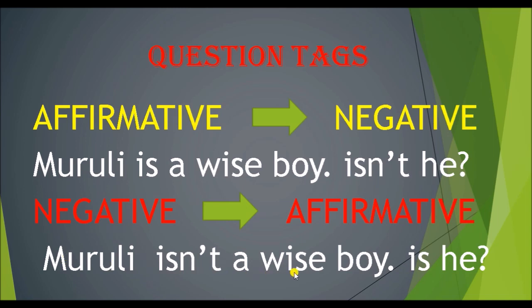Murali is not a wise boy, is he? The statement is negative, and the tag is affirmative. If the statement is positive, we add a negative tag. If the statement is negative, we put a positive tag. Have you got it? Shall we move on to the next slide?